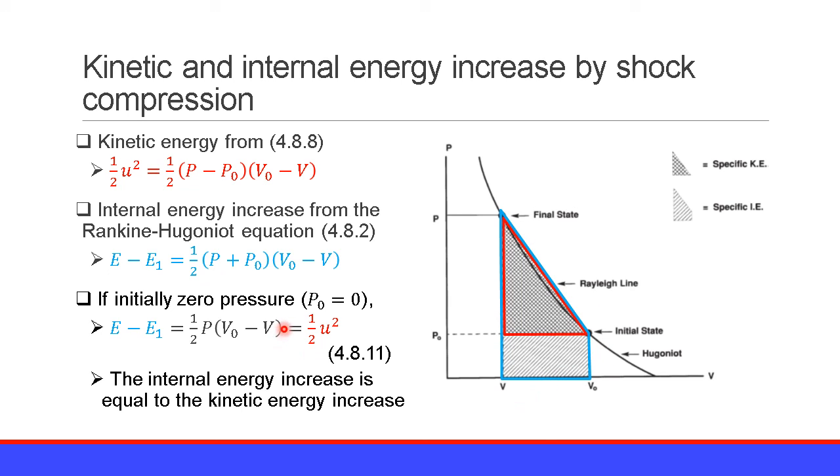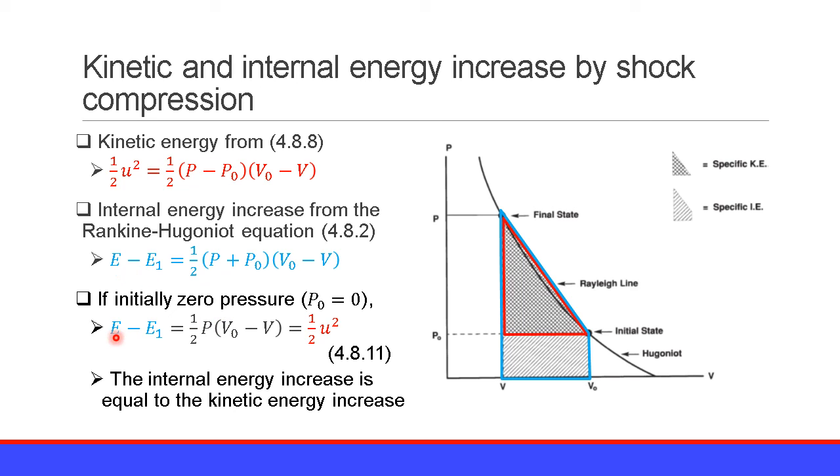When the initial pressure P0 equals 0, this extra area diminishes. Therefore, the blue area and red area, namely the internal and kinetic energies, are equal, which is 1 over 2 P times V0 minus V. So when P0 diminishes, both become this one.